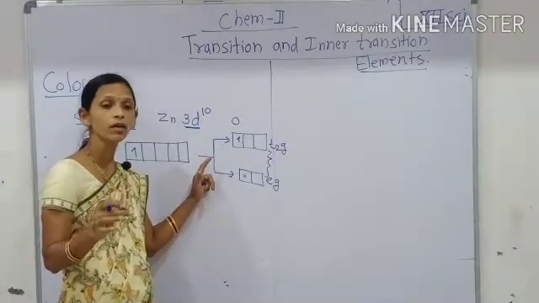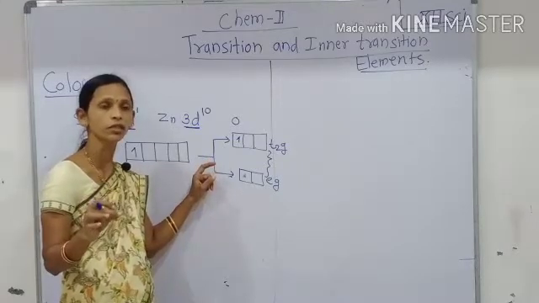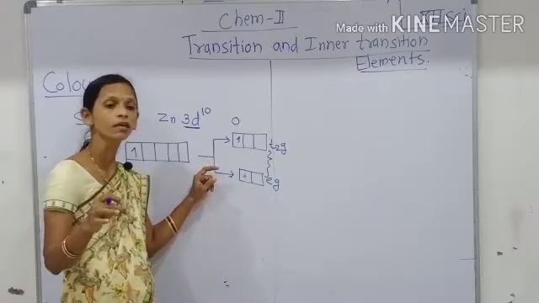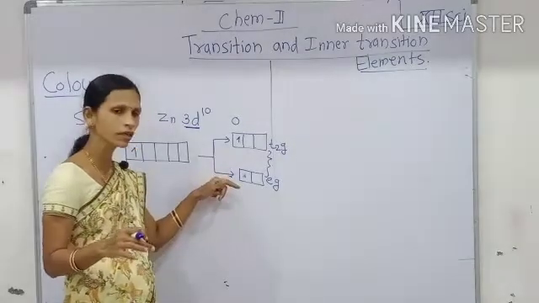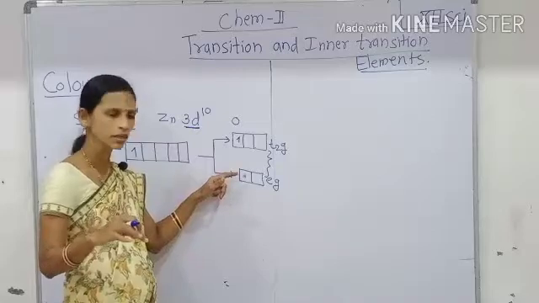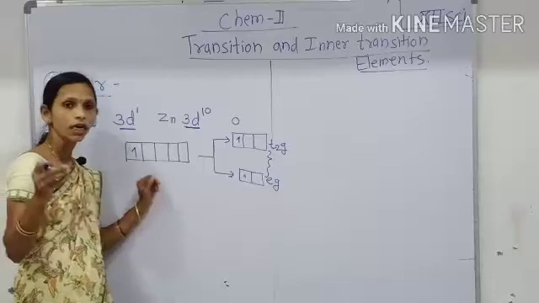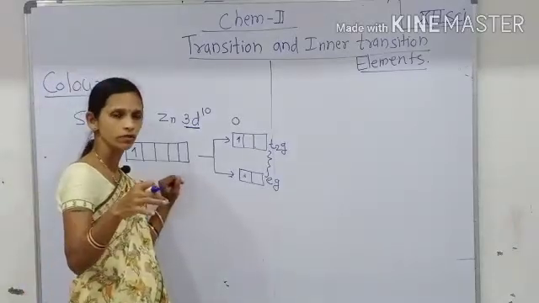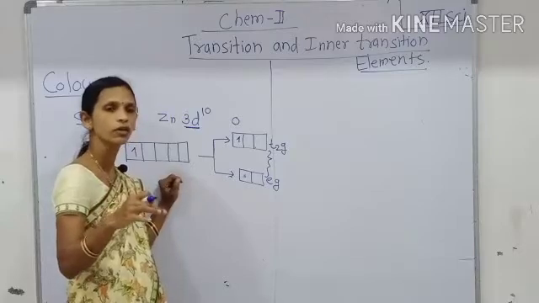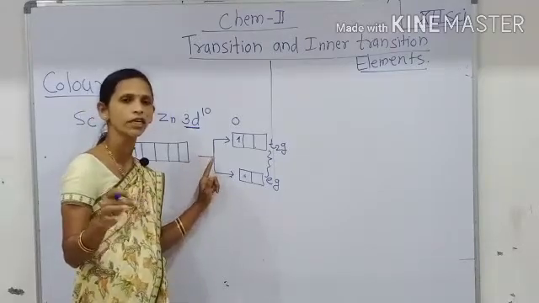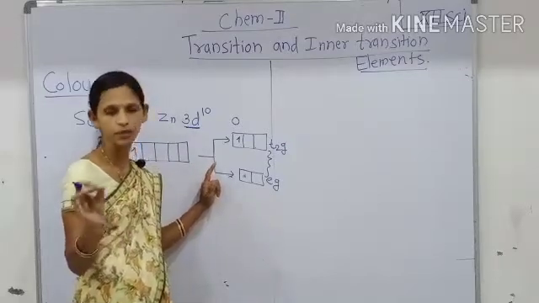The color of the compound or element depends upon the complementary color of the light absorbed by it. Suppose red light is absorbed, that is, the wavelength of red light is absorbed by the electron present in the n-1 d orbital, then its complementary color is blue.